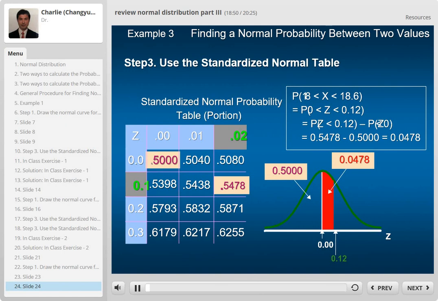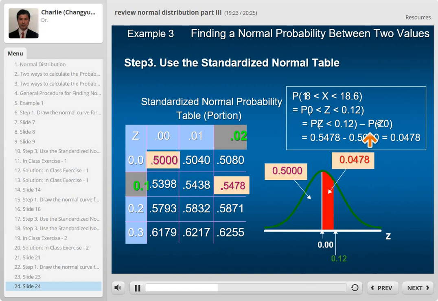As we learned before, the probability of z bigger than 0 and smaller than 0.12 equals the probability of z smaller than 0.12 minus the probability of z smaller than 0.